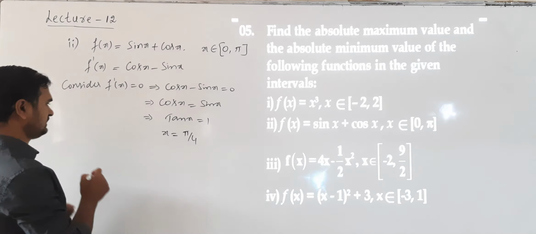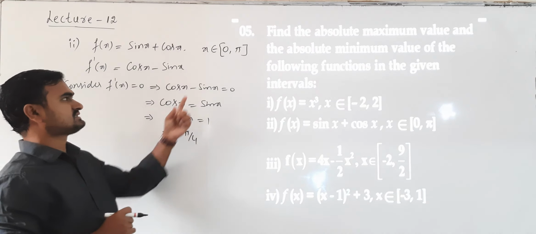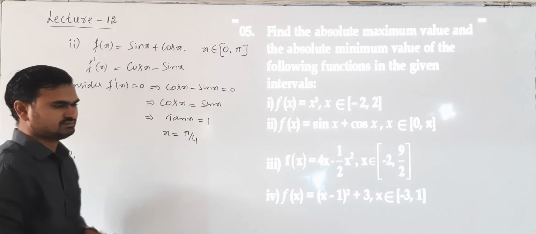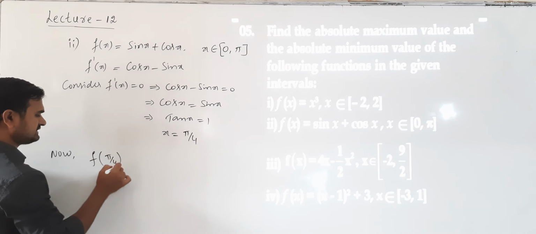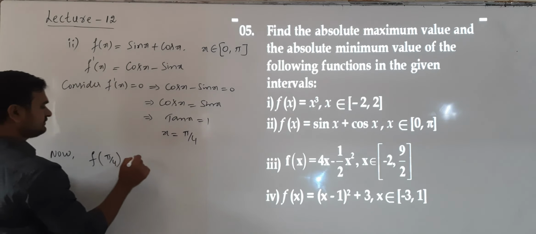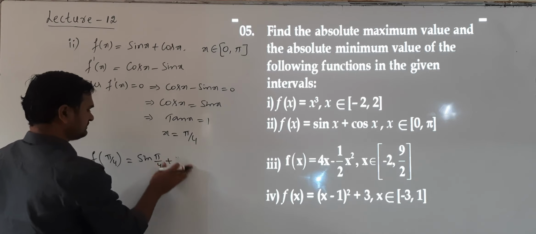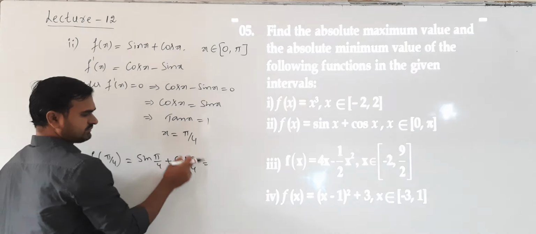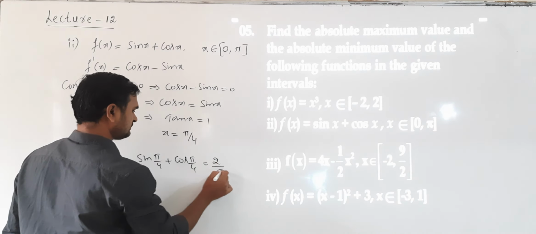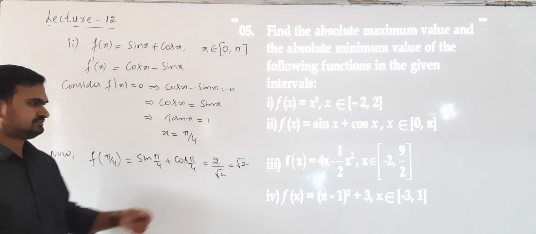So now we have to find the function values at the critical points and also at the endpoints. First, the function value at the critical point. f of pi by 4 is sin pi by 4 plus cos pi by 4, which is 1 by root 2 plus 1 by root 2, 2 by root 2, which is root 2. So this is one value.